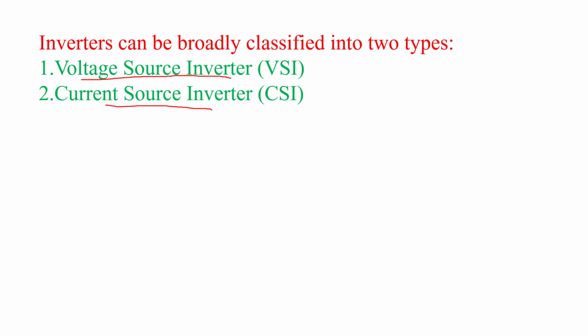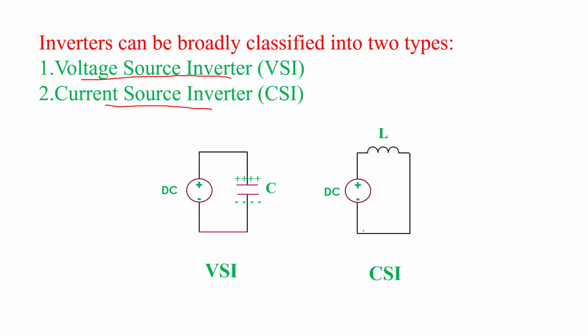That inverter is called a voltage source inverter. Next is the current source inverter. In a current source inverter, we require a constant current at the input side of the inverter. That inverter is called a current source inverter.